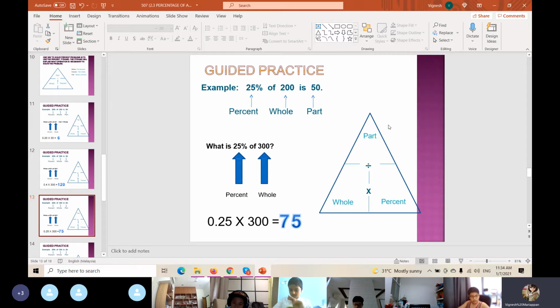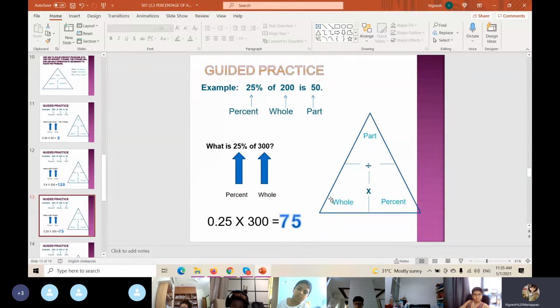Because of what? Because percentage is already given. The whole number also is already given. So the only thing you need to find is part.